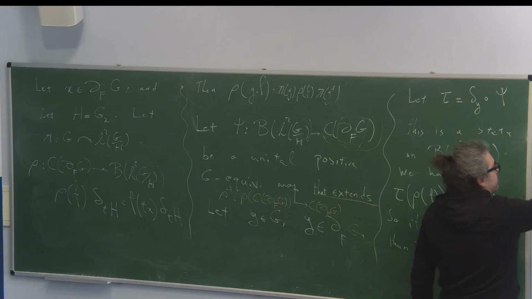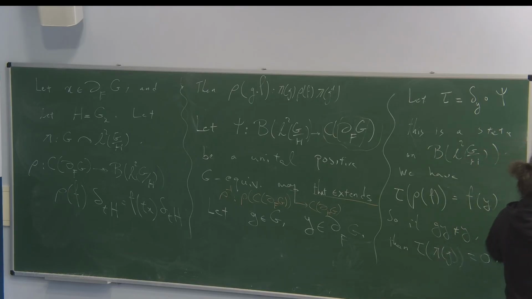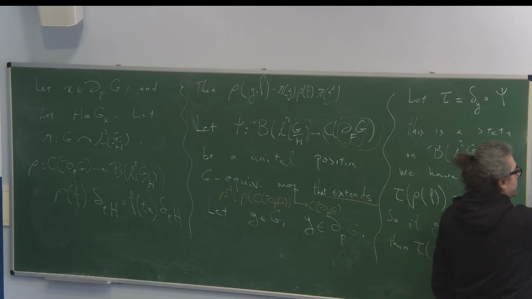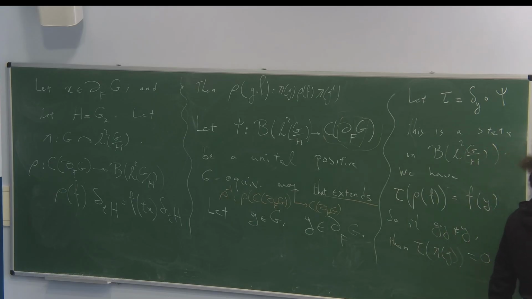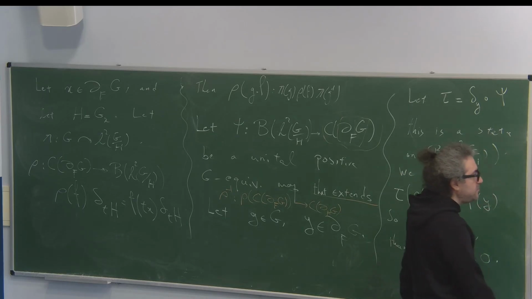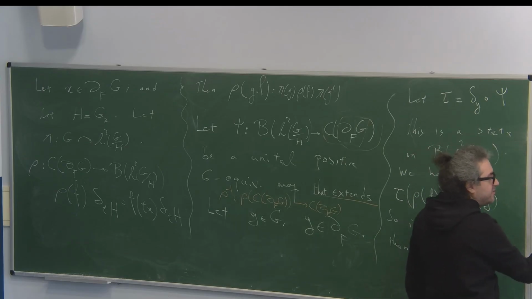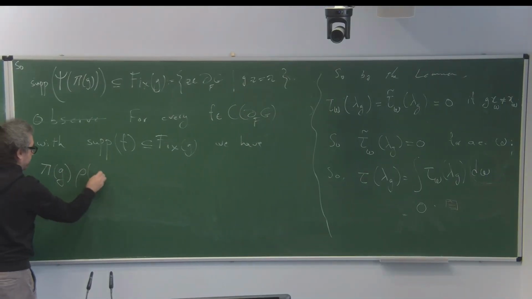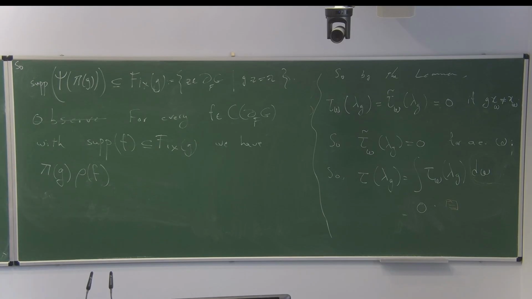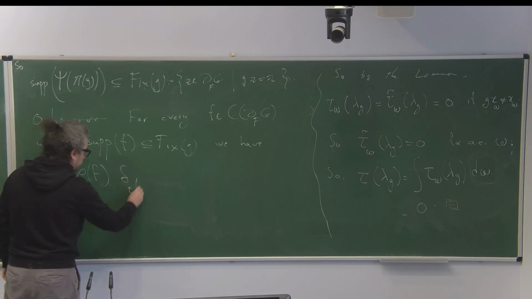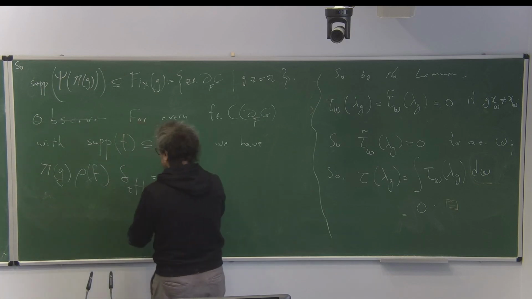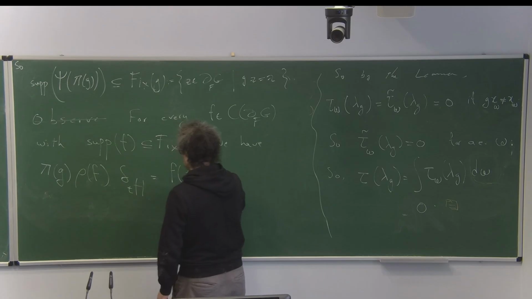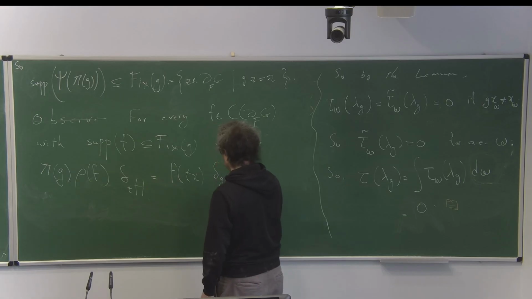Good. Observe: for every f, if I have a function whose support is contained in the fixed points of g, if I look at the composition of these two operators on B of L2 of the coset space and apply this to a coset, by definition this is f evaluated at tx, times delta gtx, gth.